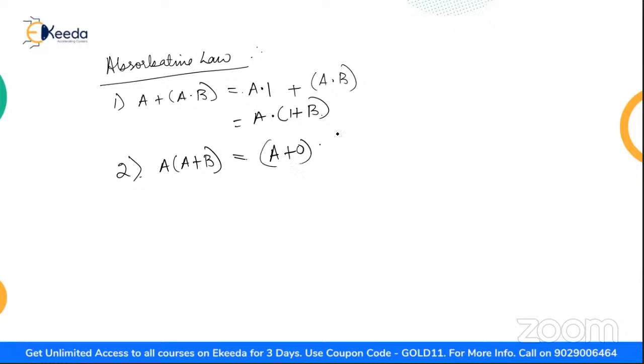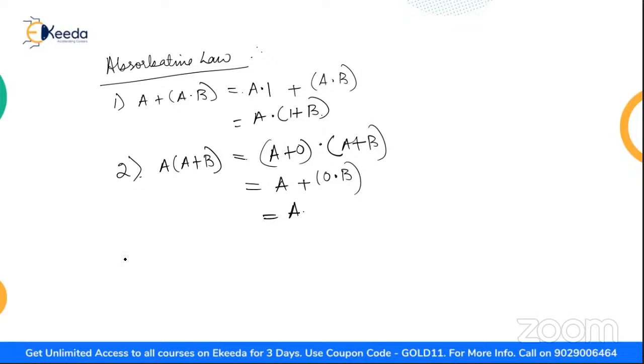A plus 0 is A. Similarly, 1 plus 0 is 1. So dot A plus B, so this is equal to A plus 0 dot B, that is equal to A. Okay, so this is the absorptive law.